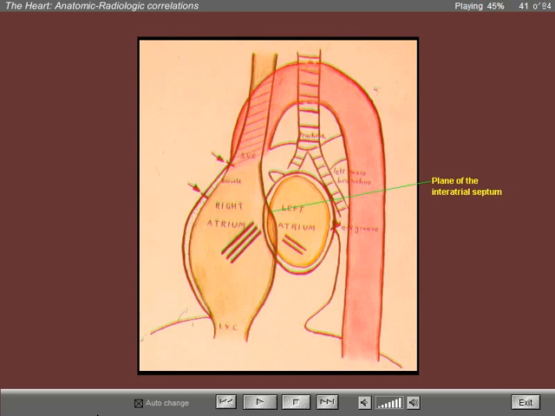In the left anterior oblique view at 45 degrees, the septa appear in profile, and this is the preferred position for studying pathology of the interatrial and interventricular septum. Note that the arch of the aorta appears uncoiled, so it's also the ideal position of the patient to study the ascending, transverse, and descending portions of the thoracic aorta.